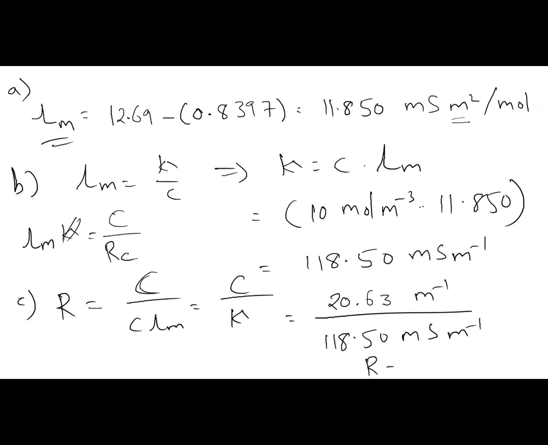So the resistance is going to be 174.09 ohms. Make sure that you convert the millisiemens to Siemens here, since 1 ohm is equal to 1 over Siemens and not millisiemens.